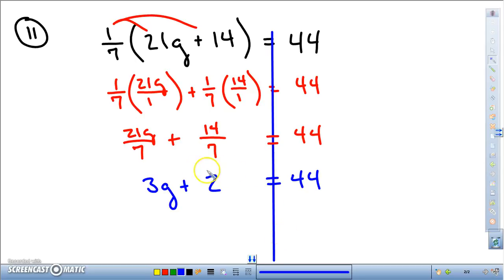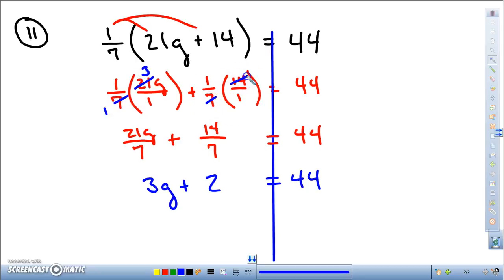All right, so I didn't do anything different than I've been doing. I'm just distributing a fraction and then reducing those fractions. It's also possible, if you feel comfortable doing this, great. If you don't, then don't worry about it. But since I'm multiplying, you can cross reduce. Both of these are divisible by 7, so that gives me a 1 here and a 3 here.